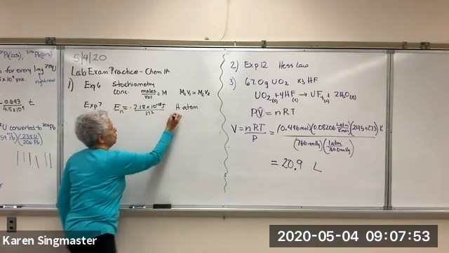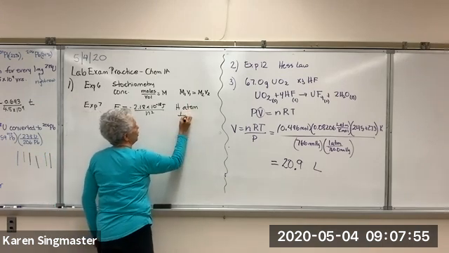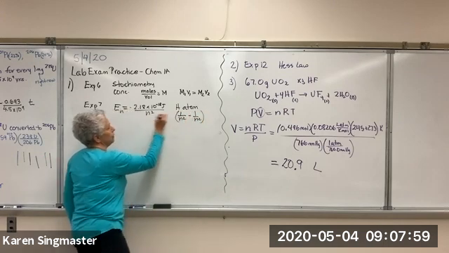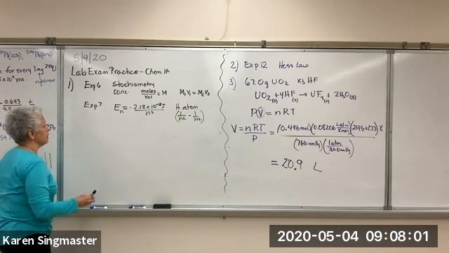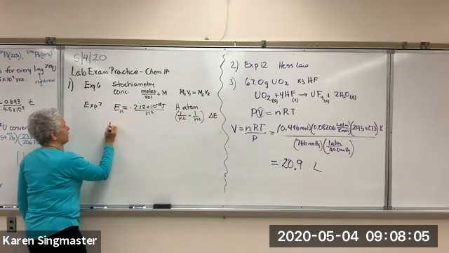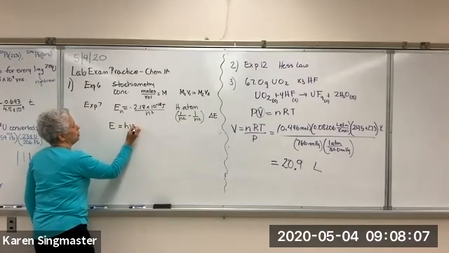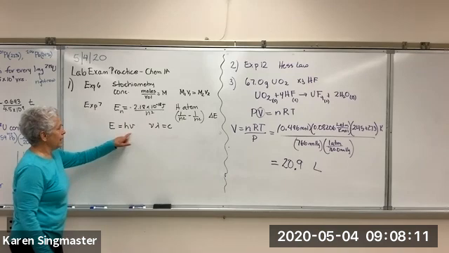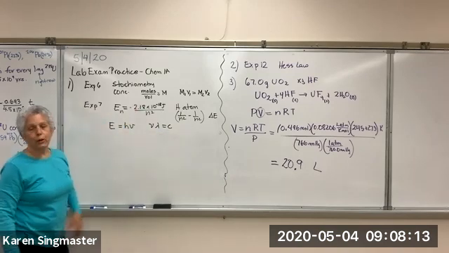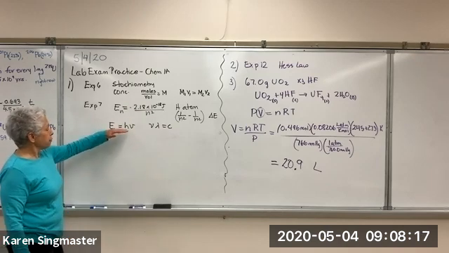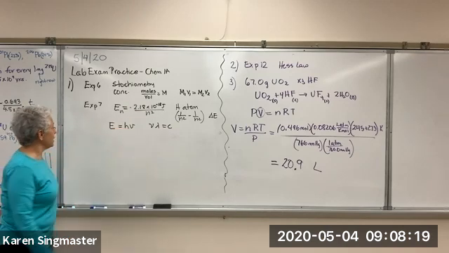Or you can do 1 over n squared minus 1 over n squared to figure out the difference, the delta E. Then you have E equals h nu, and nu lambda equals c, where h, c, and Rydberg's constant are values we would give you as constants.